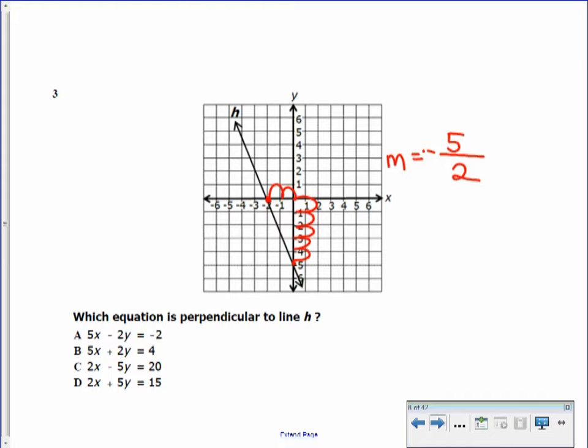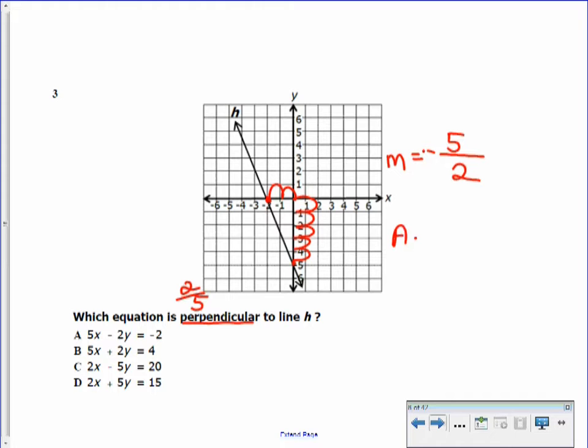So we want something that's perpendicular to -5/2. So what slope are we looking for to be perpendicular to -5/2? Say it. Yeah, positive 2/5. So we need a slope of positive 2/5 from one of the equations. Of course, again, we have to arrange them all so that we can see which one gives us a positive 2/5.